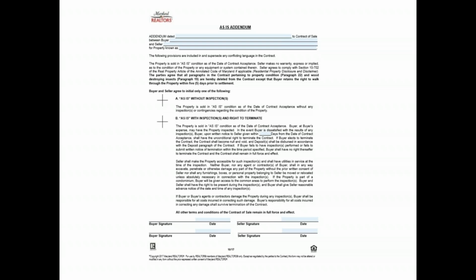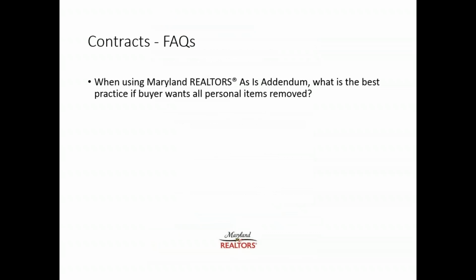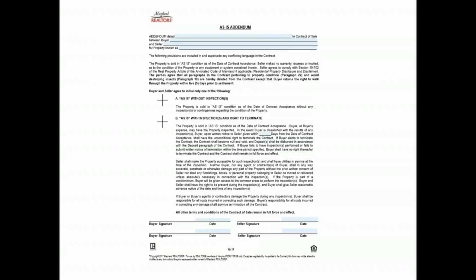So the question was, if the buyer wants all personal items removed, then they can clarify that in the as-is addendum. Because remember, with the language, the way it's written, that property condition provision of the contract, which talks about broom clean and so forth, is deleted from the contract. So, does that make sense?